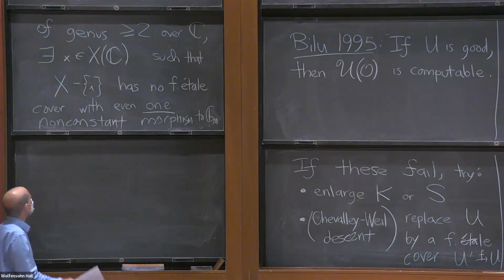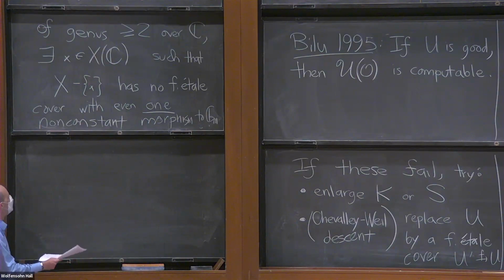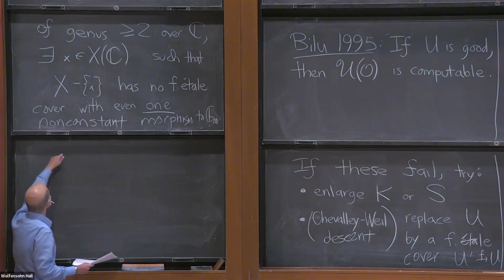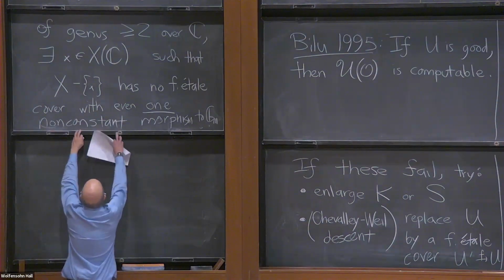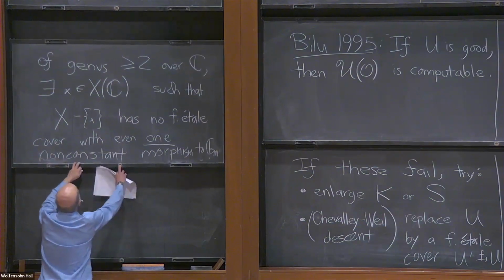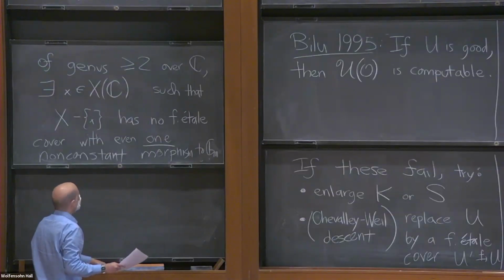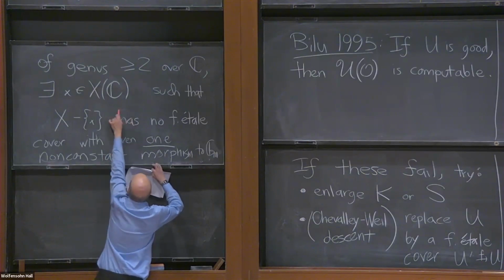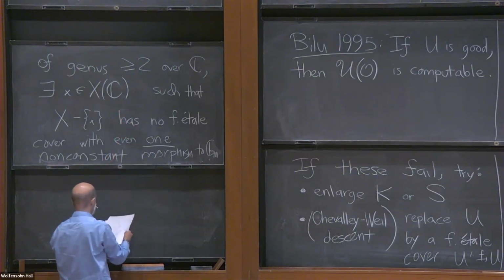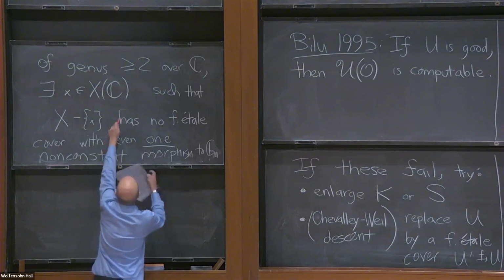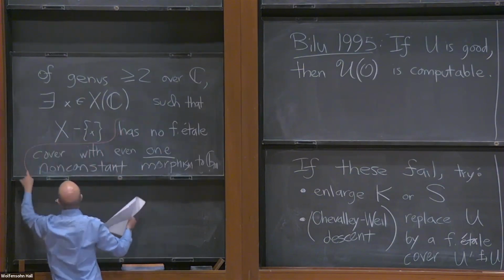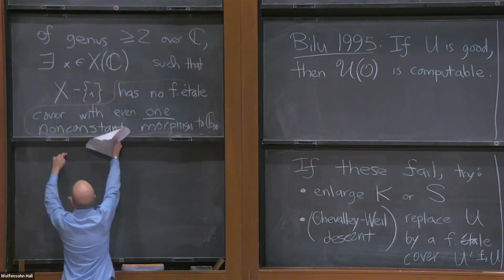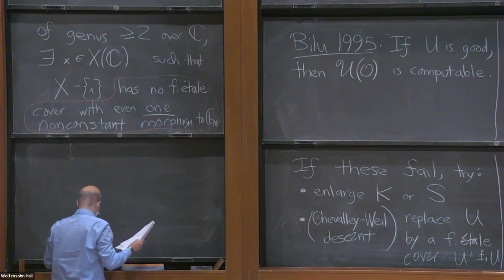Okay, all right. So before I talk about the proof of this, let me just restate this condition here. When I say this curve has no finite etale cover with even one map, this condition I can restate in the following terms.